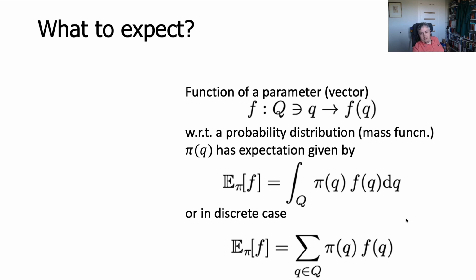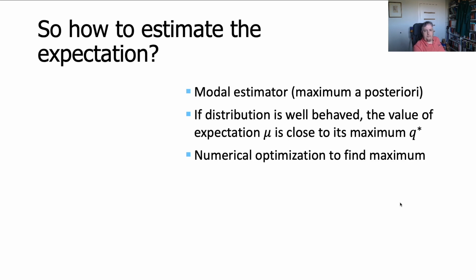So in the discrete case it's much simpler. The main problem in getting these expectations is that in practical cases neither those integrals nor those sums are computable, because distributions are either not available in a closed form or they are very difficult to analyze.